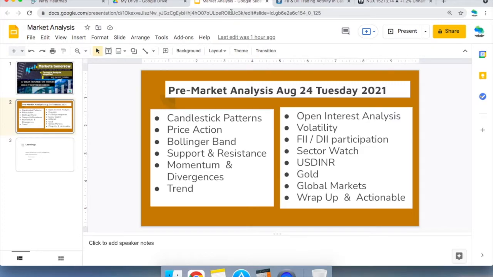Actionables: the theta decay starts on Tuesday. So probably 2-day swing option calendar spreads could be tried on the indices, and some picks in the FMCG and IT sectors can be used, because those are the two sectors that are bullish.